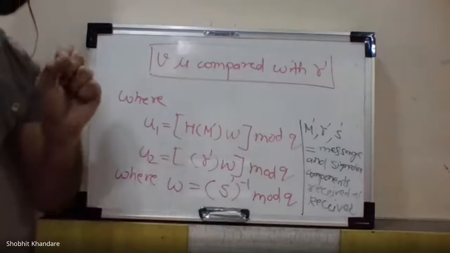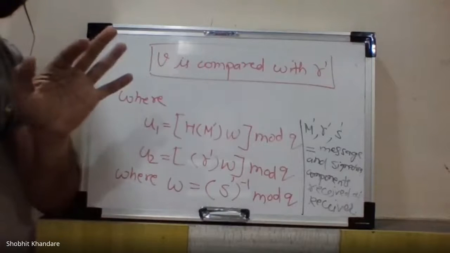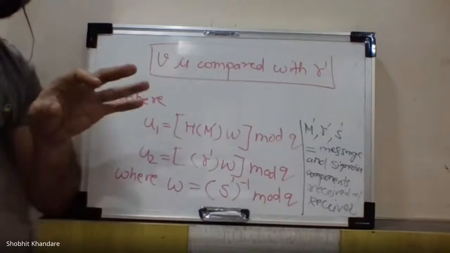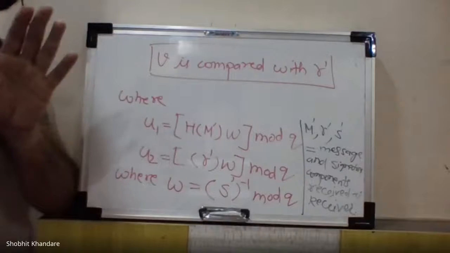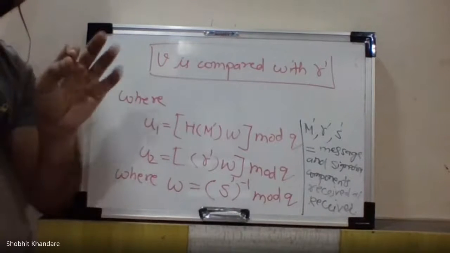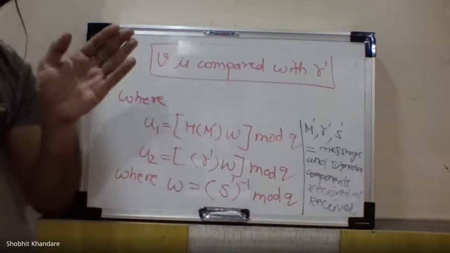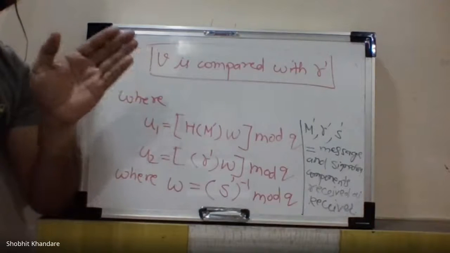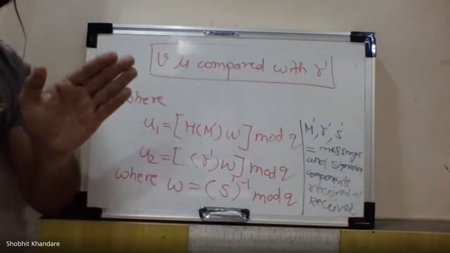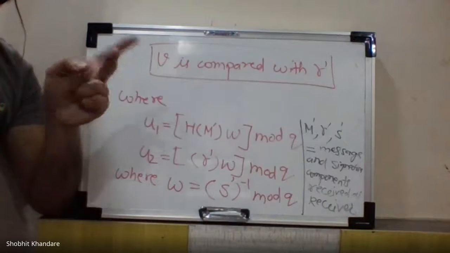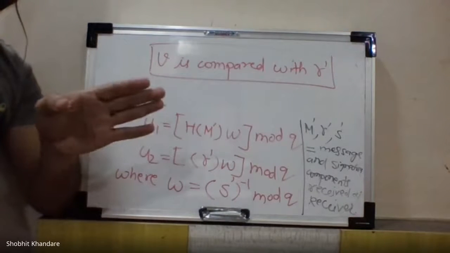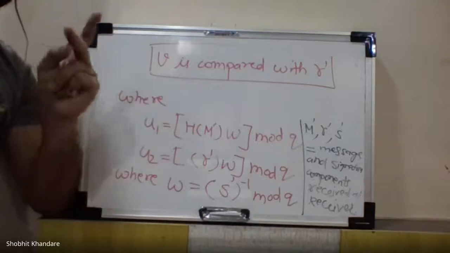Now the questions will be straightforward. Write a short note or explain the DSS, that is the Digital Signature Standard, or DSA, Digital Signature Algorithm. You have to briefly explain what a digital signature is. After explaining the digital signature, you can write that there are two approaches, using RSA and DSS. Do not explain RSA unless it is asked. Go with the DSS.